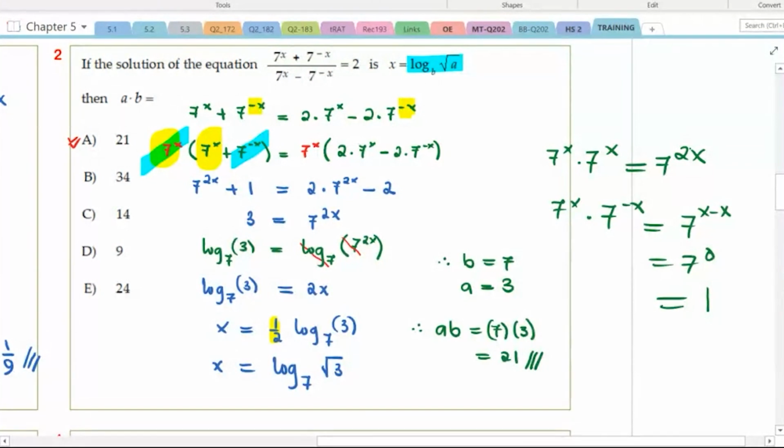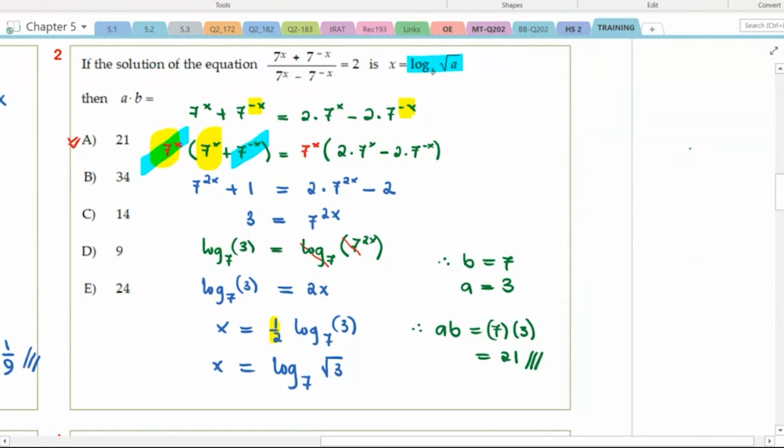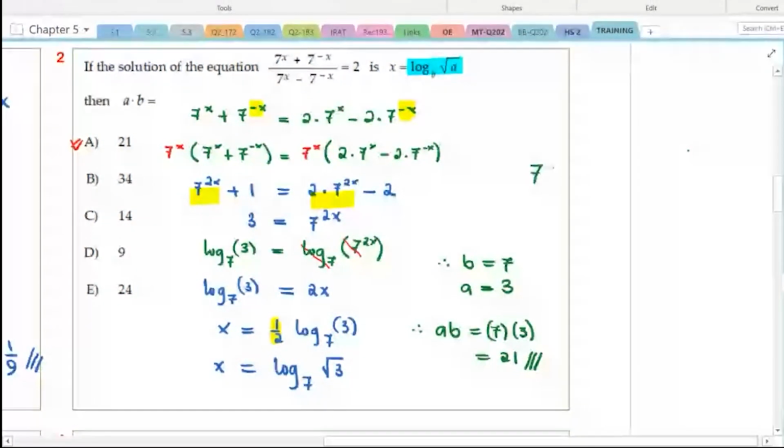Yes, doctor, yes. But what did you do after this? After what? Okay. After, what have we done? Here, we said we have here 7 to the power of 2x, and this one is 2. It is like this one. 7 to the power of 2x plus 1 equal to 2 multiplied by 7 to the power of 2x minus 2.